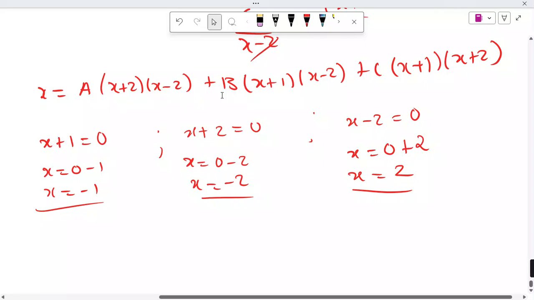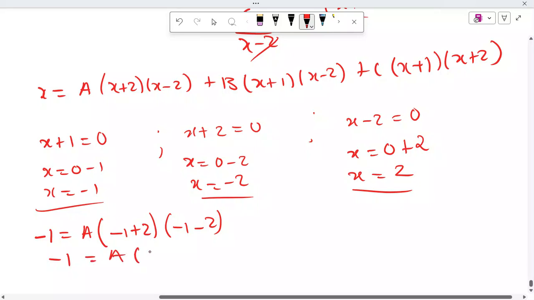This one here has x plus 1, so this will be 0. This also has x plus 1, so this will also be 0. So we only remain with A and this x. Now we substitute x equals negative 1. We put negative 1 equal to A, then where there is x, put negative 1 plus 2 and negative 1 minus 2. We have negative 1 equal to A; this is 1, and then this is negative 3.